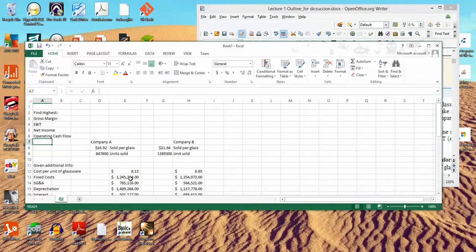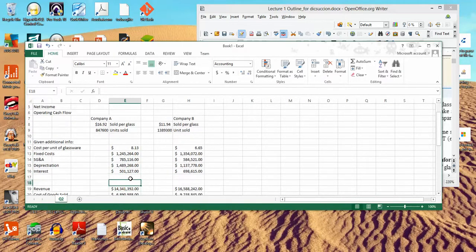So first of all, you want to have revenue. And how do you get revenue? You basically do the price per glass. So I got 1692 per unit, and I sold 847,600 units. So I just did an Excel formula here. You can say D8 times D9. Did the same thing over here for company B.